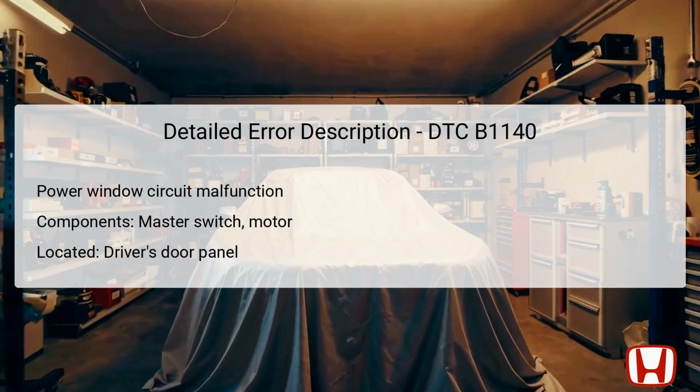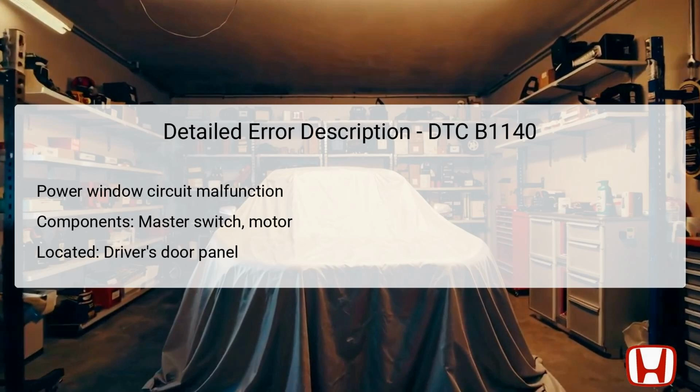DTC B1140 specifically relates to a malfunction in the driver's power window position detect circuit. The power window system comprises several critical components, including the power window master switch and the power window motor. The master switch is located on the driver's door panel, allowing the operator to control all windows in the vehicle.